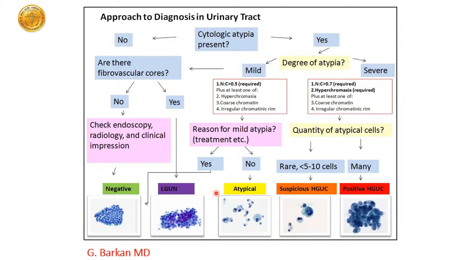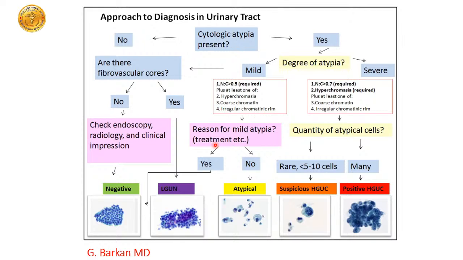It's a definite category. They have summarized all these categories and said, first of all, you see whether cytologic atypia is present. If it is present, what is the degree of atypia? Is it mild, or moderate to severe? Then you go on to the NC ratio by the eyeballing method, and you see whether there are other minor criteria present, which may be hyperchromasia, nuclear contour irregularity, that is nuclear membrane irregularity, and whether the chromatin is coarse or not.